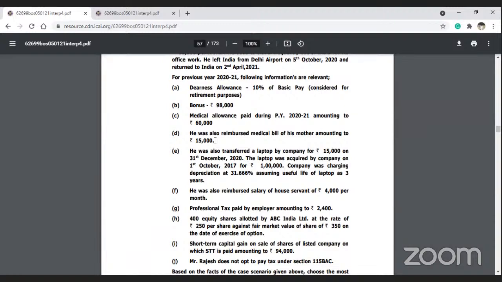What? 15,000, there is depreciation also. No, we're talking about medical bill reimbursement. Reimbursed, sorry, 60,000. And laptop. On laptop, he had acquired it for 1 lakh. So laptop depreciation is 40%. But is use of laptop exempt, right?